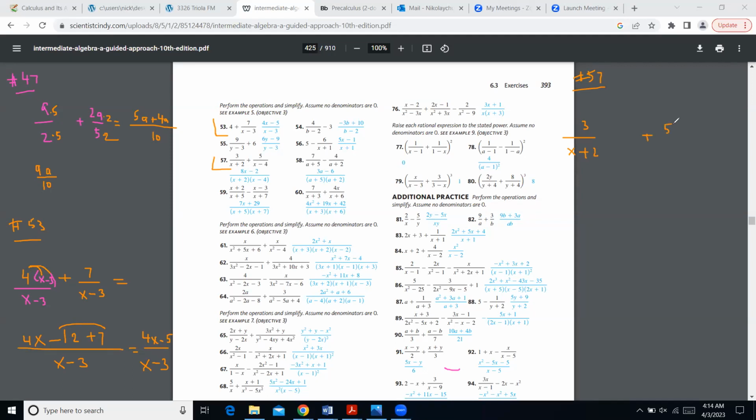These two denominators are definitely different. So what I need is to multiply one by the other. I'm going to multiply by x minus 4, my second denominator, the first fraction by x minus 4, and the second by x plus 2, my first denominator.